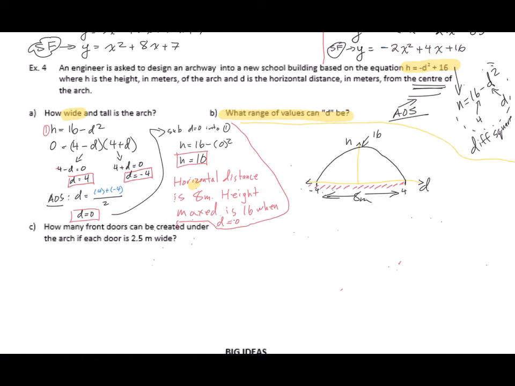That's it. So, in this case, d is greater than or equal to negative 4 and d is less than or equal to 4. So we're essentially saying that our answer is between these two values.